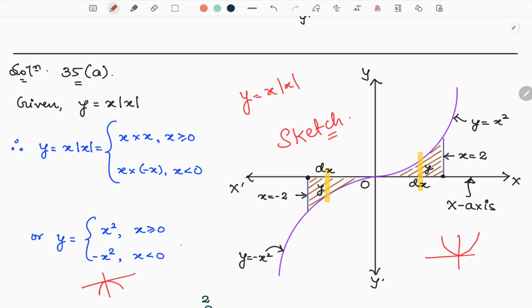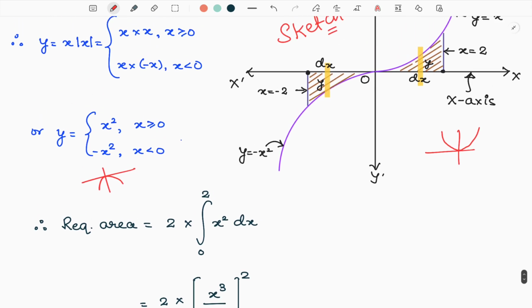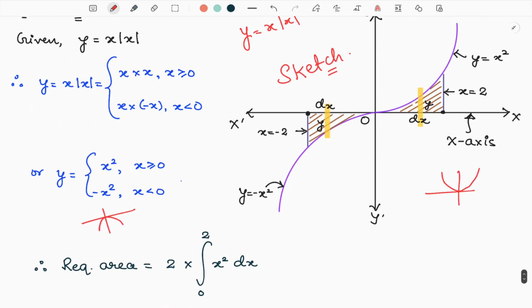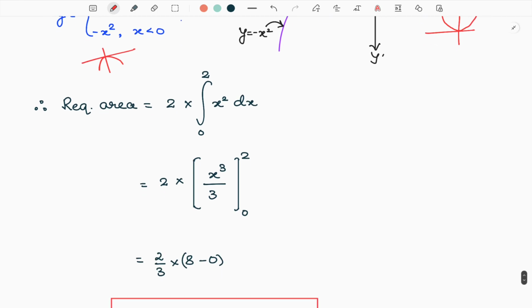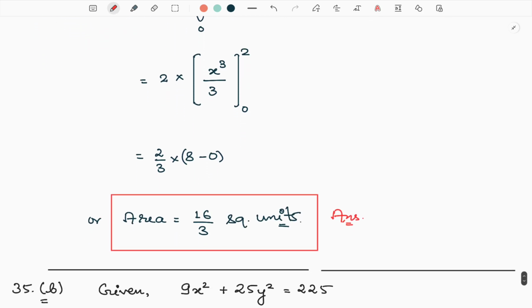Now apply the formula of y dx, and using a vertical strip we can calculate the area. We can see both the areas are symmetrical, so we will just apply 2 times one part, integrating x square from 0 to 2, x cube by 3 with the limits 0 and 2, and by putting the values we get the answer as 16 by 3 square units.